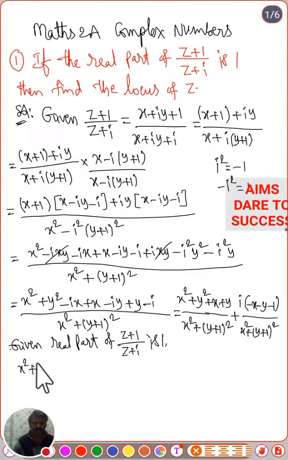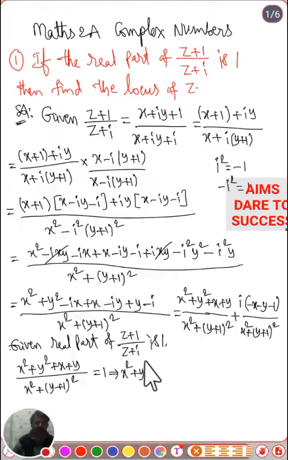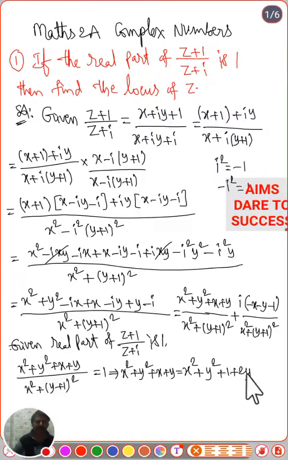That is x square plus y square plus x plus y, divided by x square plus (y plus 1) whole square, is equal to 1. Cross multiply and simplify, we get x square plus y square plus x plus y is equal to x square plus (y plus 1) whole square. (y plus 1) whole square is y square plus 1 plus 2y. This looks like (a plus b) whole square, a square plus b square plus 2ab.